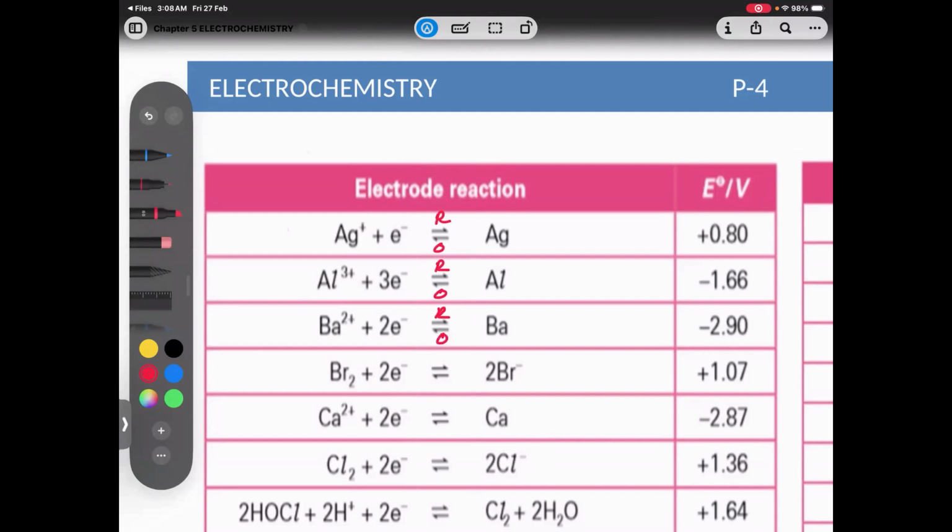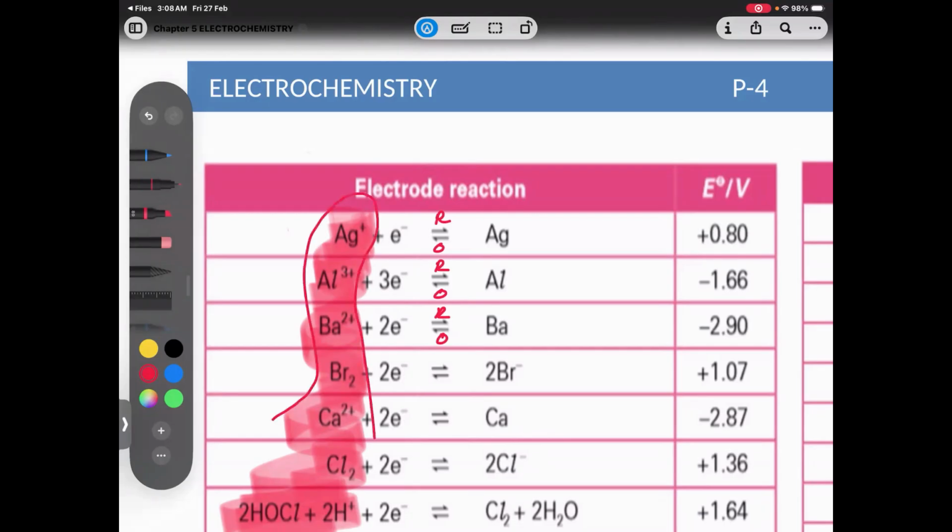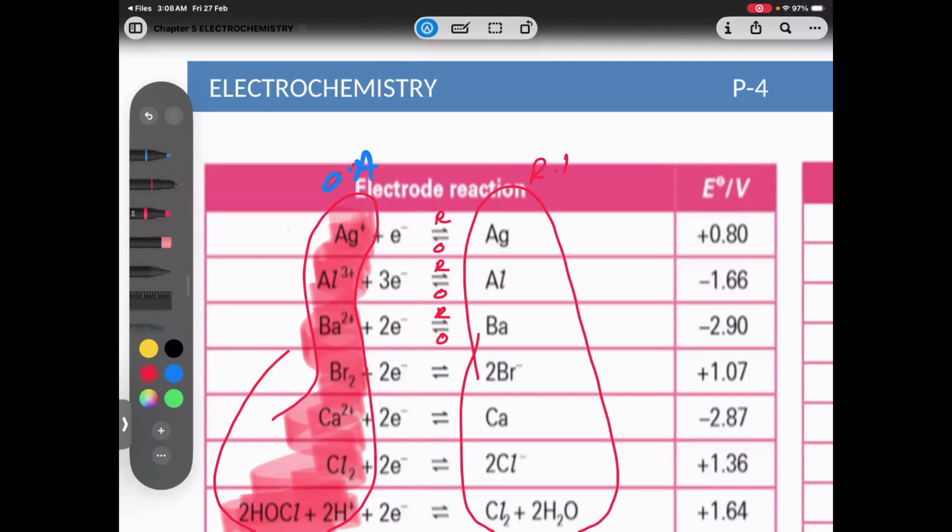So they're all gaining electrons, they all get reduced, they're oxidizing agents. But what about the other side? They all lose electrons, they get oxidized, and they're all reducing agents.